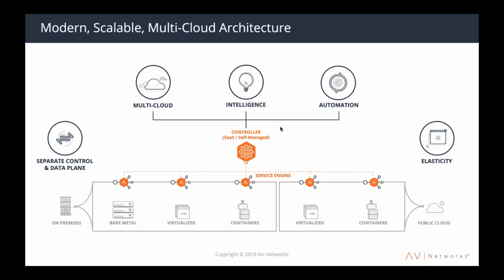And we have the service engines, which are the pieces that do the actual work, the actual load balancing, as the data plane. The service engines have the application firewall included as well. And as you can see, the service engines can run from a bare metal install to a container environment, which we use in our demo today.